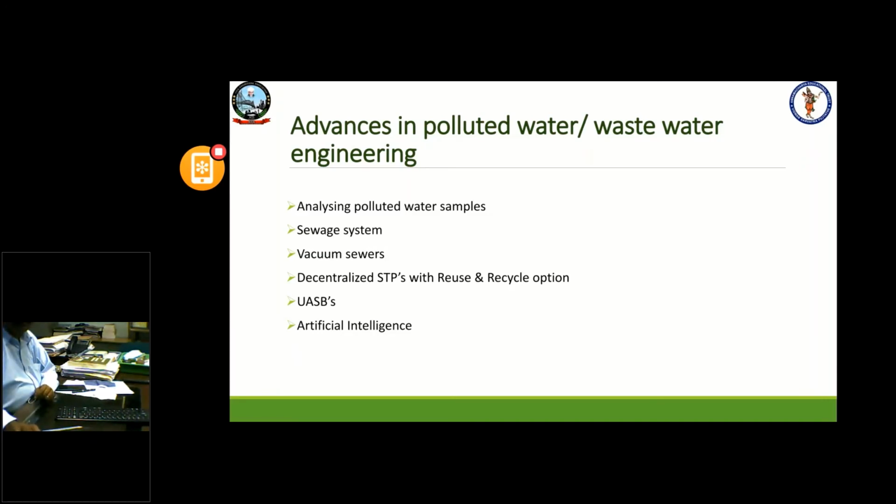One more advancement in sewage treatment plants is decentralized STPs. In general, in the sewage treatment plants we are using, we take the domestic sewage through the laterals and interceptors and finally the trunk sewers.